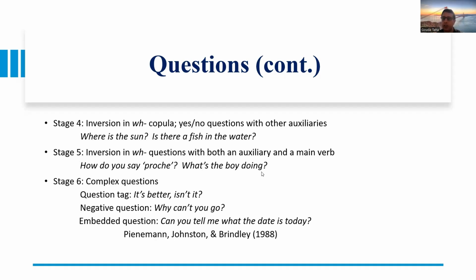Or "what's the boy doing?" So now we start to see good question form with fronting and also inversion happening. At stage 5, the most advanced stage, we start to see the emergence of complex questions, for example tag questions, negative questions, or even embedded questions.